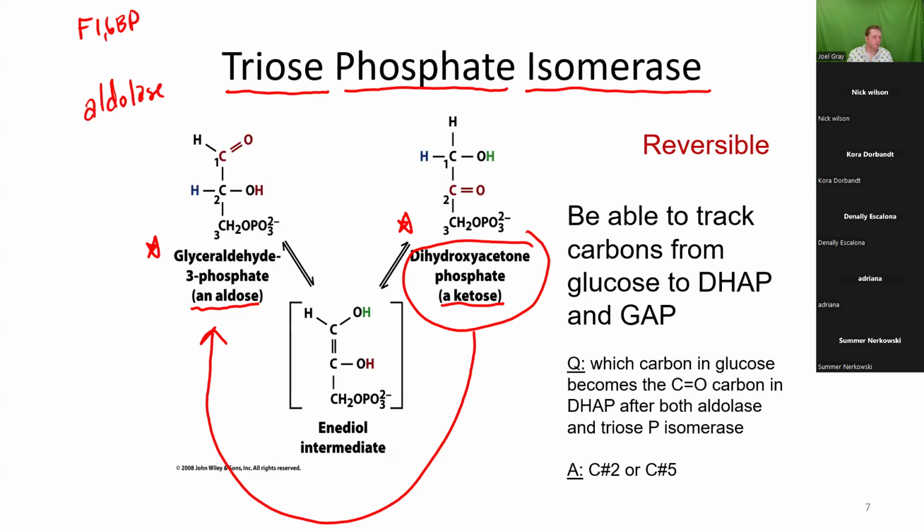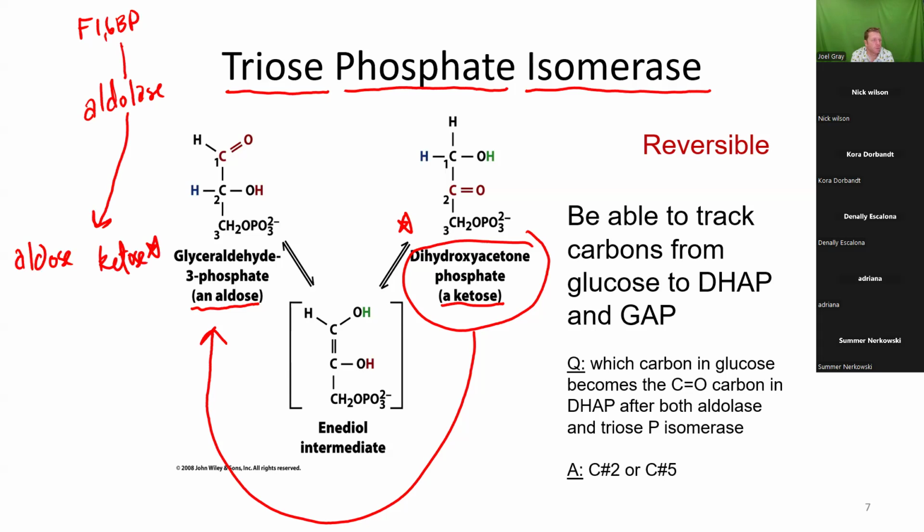So when we do this, we've basically just rearranged. We've gone from a ketose to an aldose. And I always like to think about this because then I can say something like, okay, fructose 1,6-bisphosphate uses aldolase, and it comes up with an aldose and a ketose.